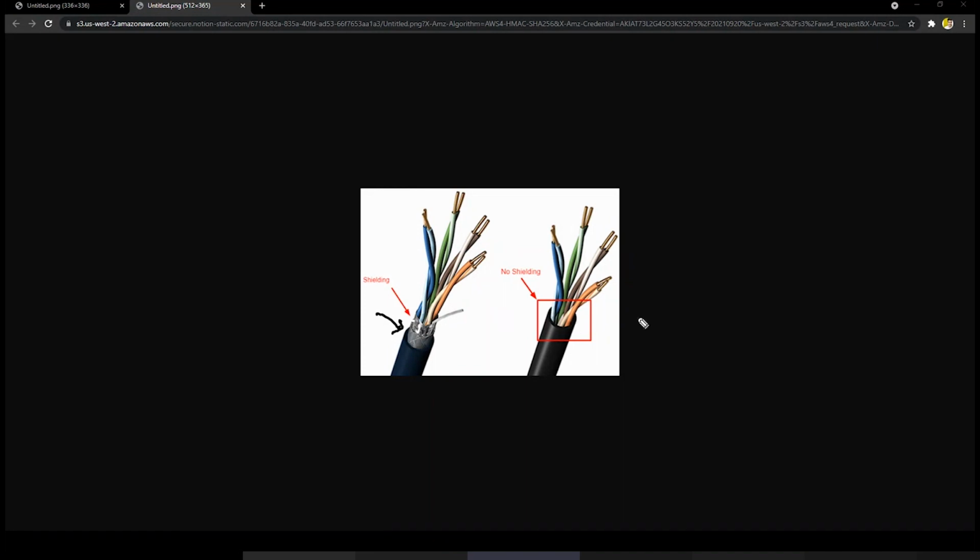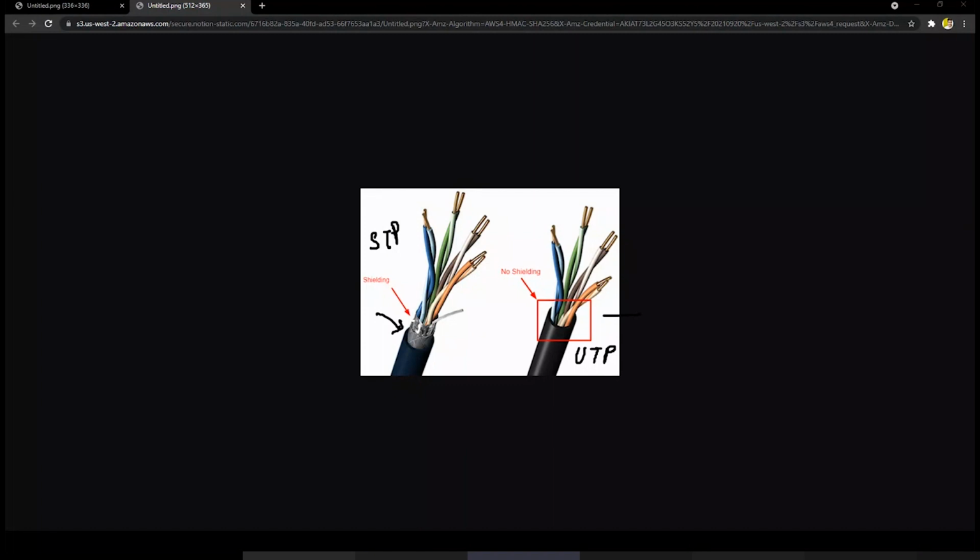And when we see the unshielded twisted pair cable, this is the UTP one and this is STP. So when we look at the unshielded one, there is no such shielding available there. As the name suggests, the shielded one has a shield and the unshielded one doesn't have a shield. There is no protection on the unshielded one. Now since the shielding and unshielding is there, this affects the price and makes the shielded one a little expensive, whereas the unshielded ones are a little cheap.